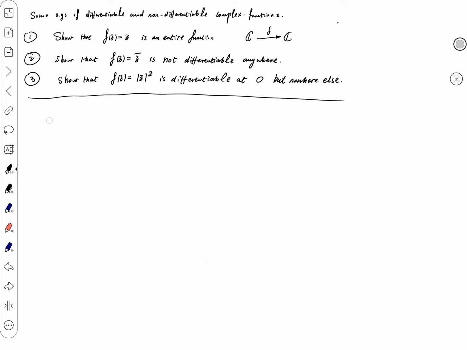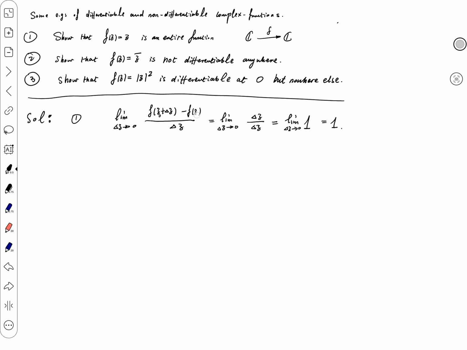So we can always use the Cauchy-Riemann equation to check, but you can also use the definition, right? So let's first see the first one. If we compute, as delta z goes to 0, f(z + delta z) minus f(z) over delta z, this is delta z over delta z, so this is just a constant, and so the limit doesn't change it, so this is differentiable.